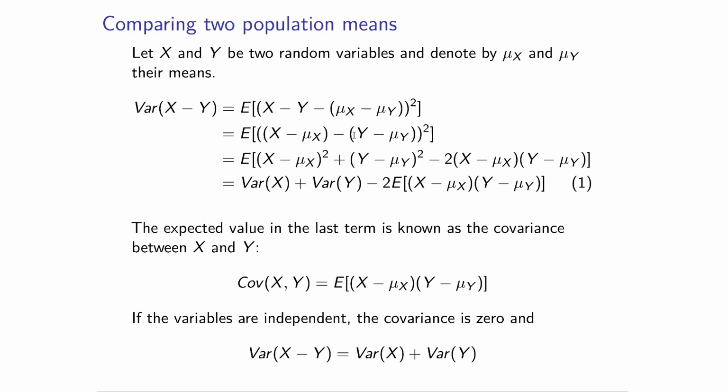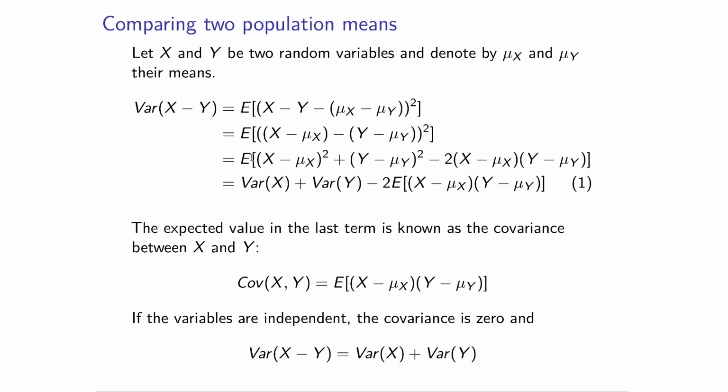Now the square of this difference is the square of the first term, (x minus μx) squared, plus the square of the second term, (y minus μy) squared, minus twice the product of the first times the second, which is minus 2(x minus μx)(y minus μy).